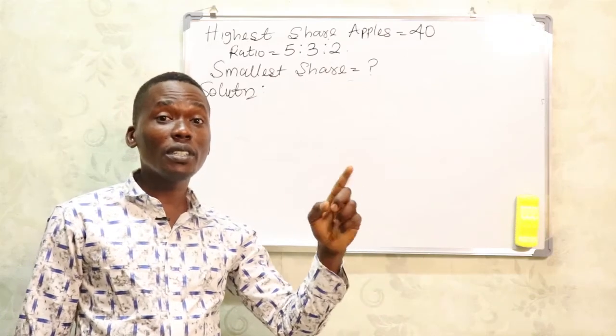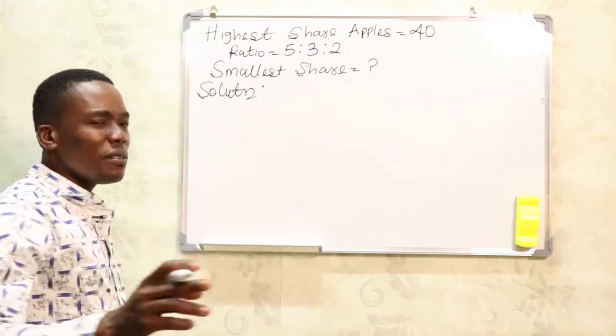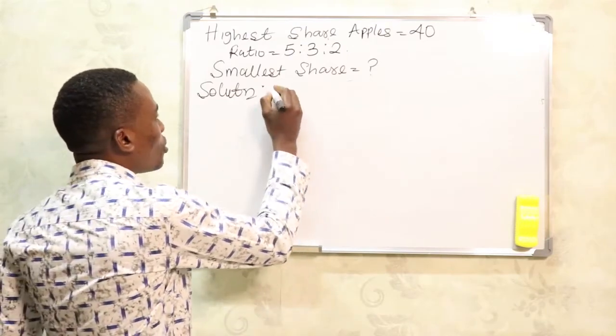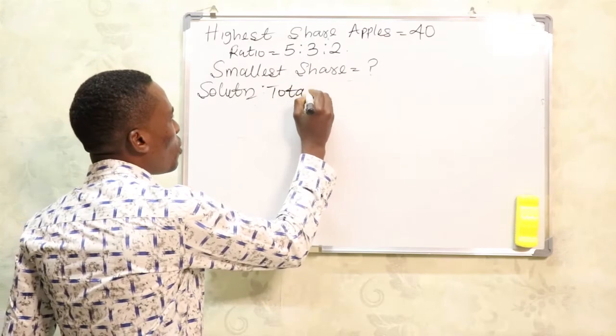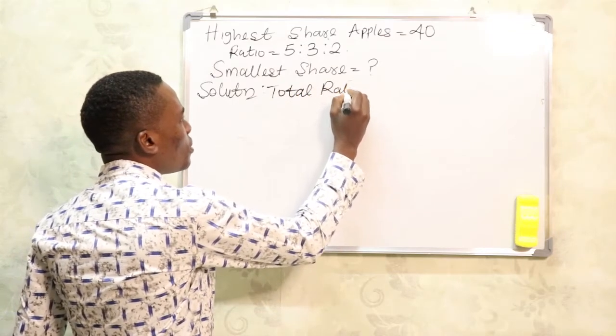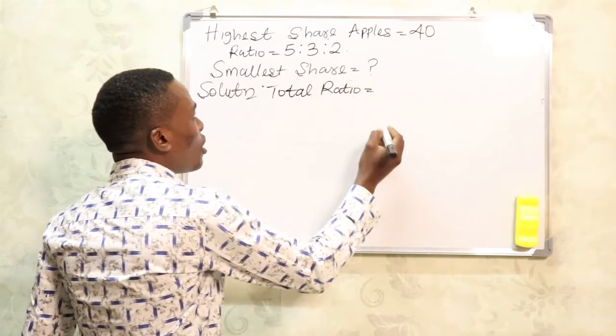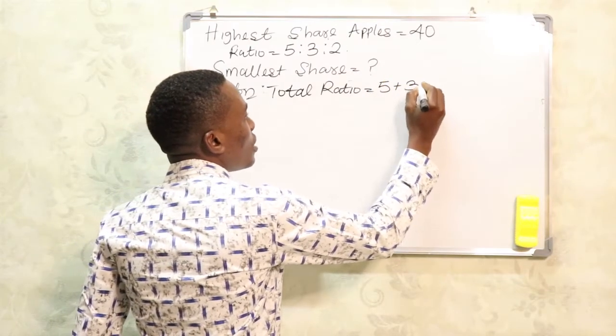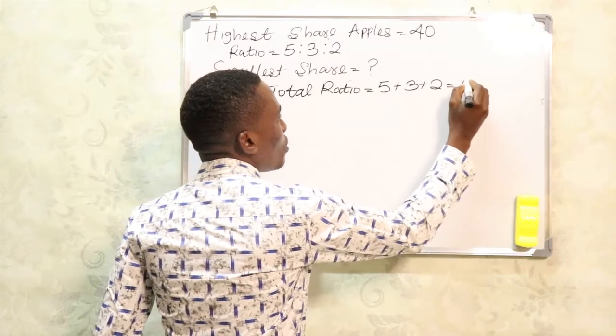First thing, when given any question on ratio, what you need to do first is to consider the total number of ratio. What's the total number of ratio? The total number of ratio is 5 plus 3 plus 2, which is equal to what?